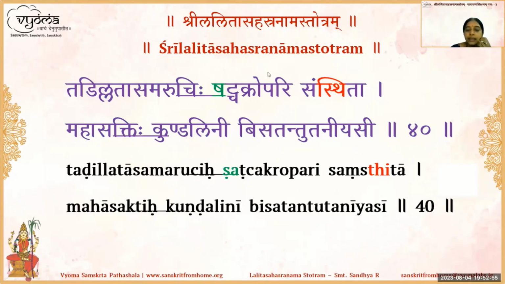Ideally, this line should be combined. Then we have Mahasaktihi, this is one name, and Kundalini is another name. Bisatantu Taniyasi is one more name. So in the first line we have 2 names, and in the second line we have 3 names.